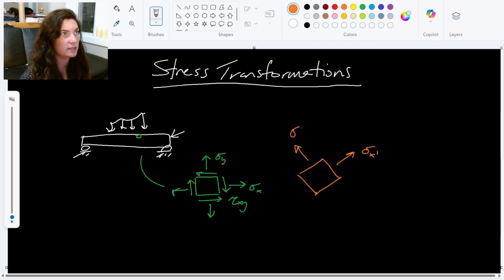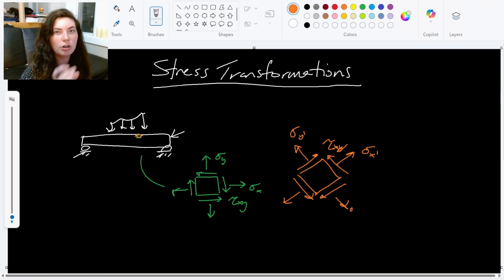All of these stresses that we had on there before now have different values, and they could have different orientations that these shear stresses are pointing now. So if I take this and turn it, even if I'm looking at the same exact point, just a turned version of it, all of those stress values change.